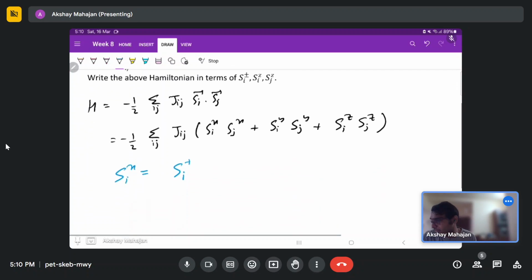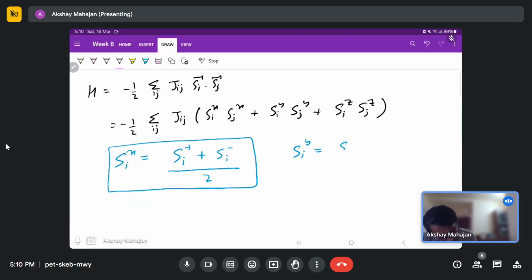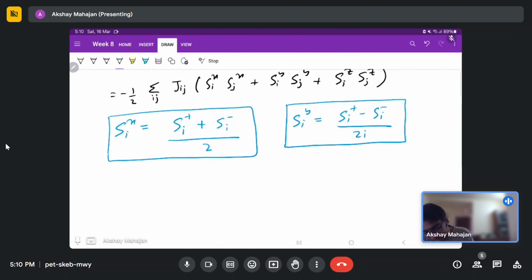So the x component of the spin angular momentum is given by S_i plus plus S_i minus divided by 2. Similarly, S_iy will be given by S_i plus minus S_i minus divided by 2i. So you have to use these two formulas here.